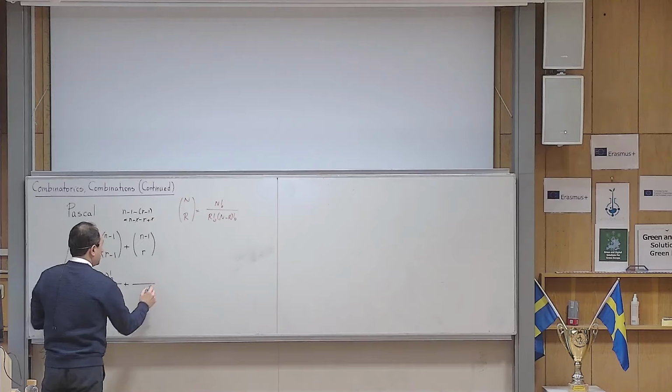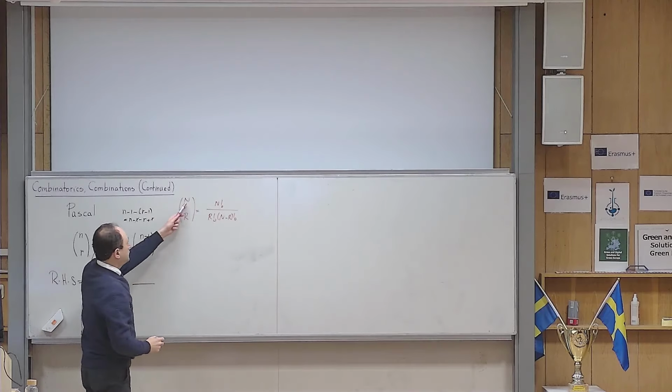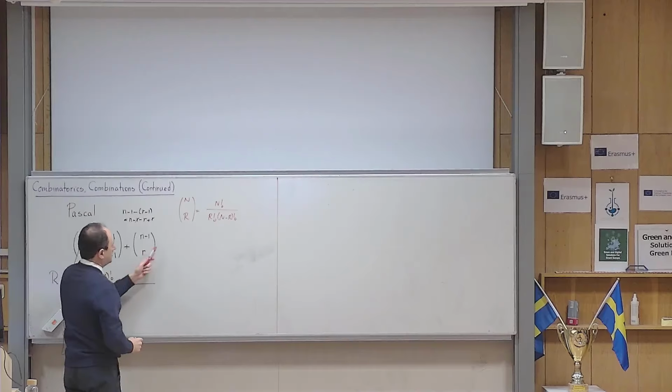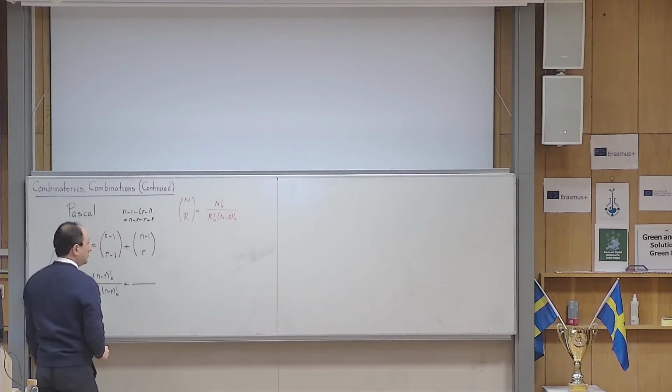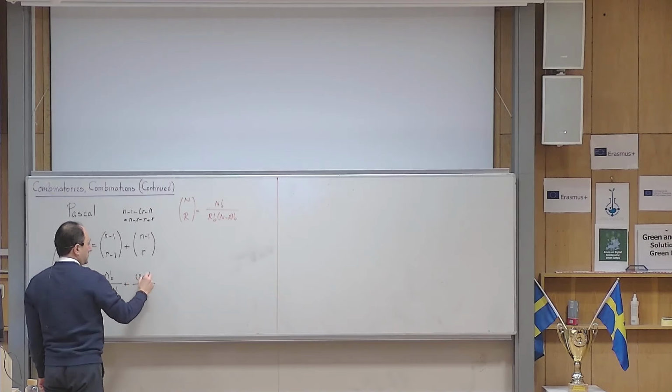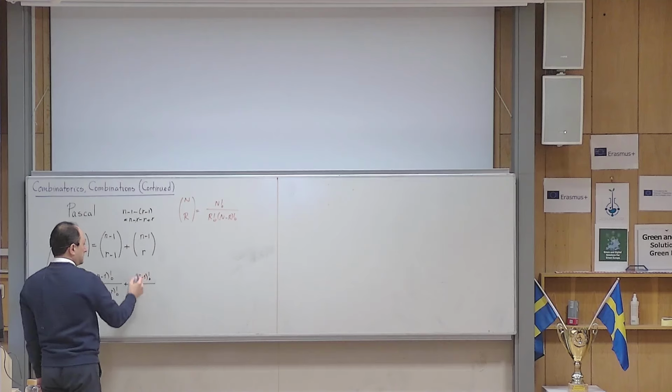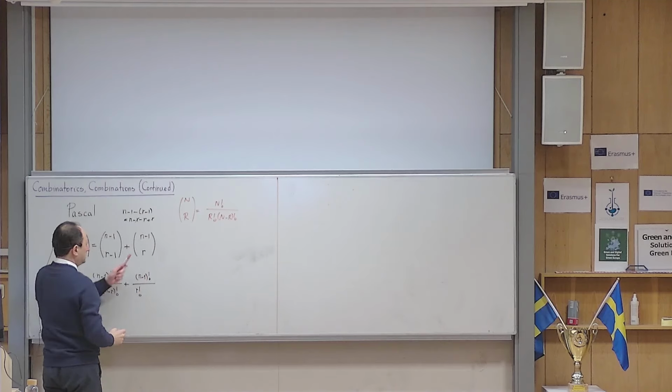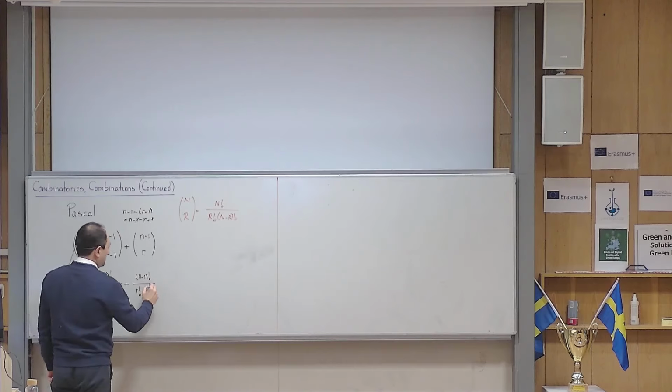The next one, n minus 1 plays the role of capital N, but little r plays the role of capital R. So I just substitute it there. So it becomes n minus 1 factorial again, divided by, this time, r factorial times the difference between them, n minus 1 minus r, factorial.